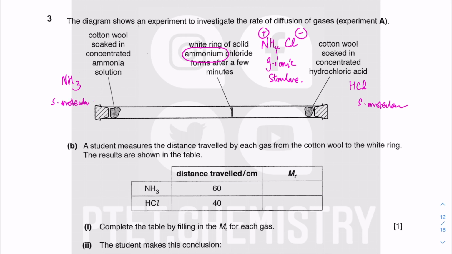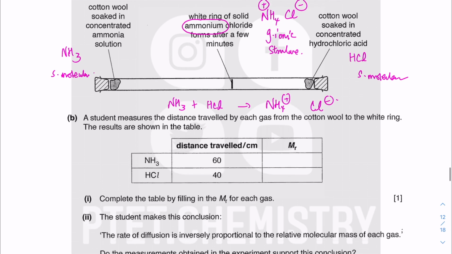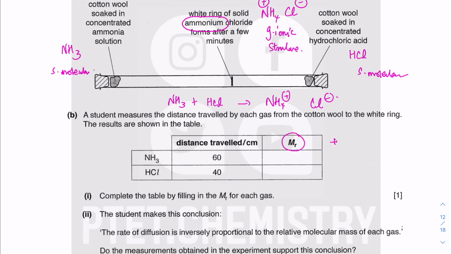And this is actually a classic acid-base reaction, which you will do again and again very soon when you go on to do the acids and bases topic. They want you to calculate molecular masses, similar to the exercise you did earlier for one of the multiple choice questions. So this is just 17, because 14 times 1 plus 3 times 1 is 17.